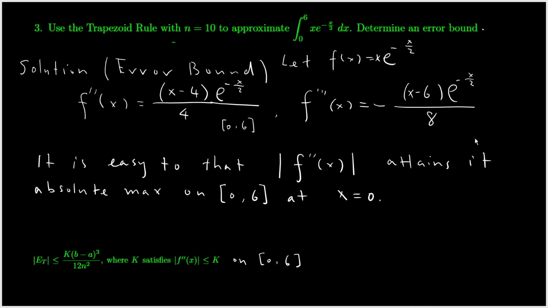Which means that the absolute value of the double derivative is always less than or equal to the value of that function at x value of 0.